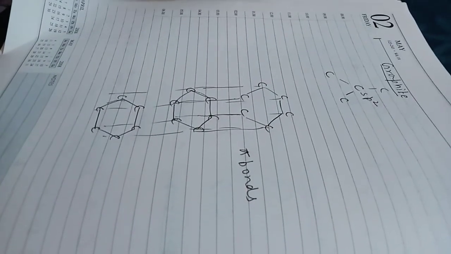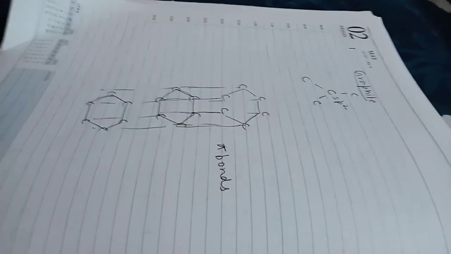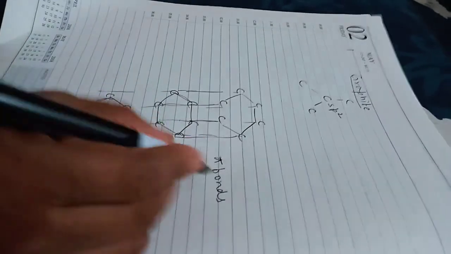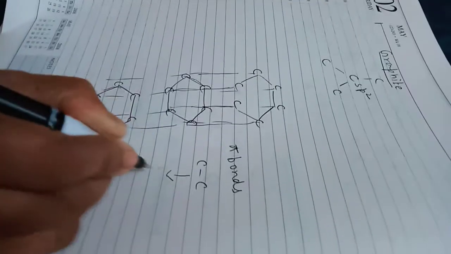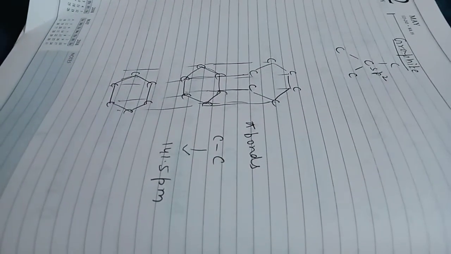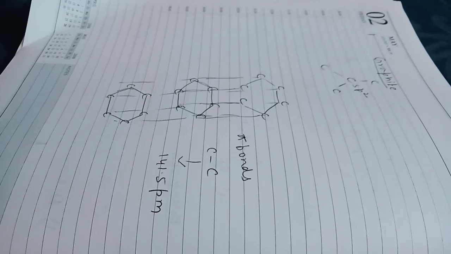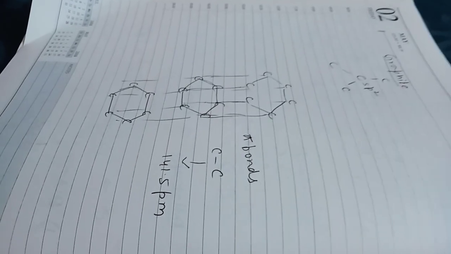The van der Waals forces are quite weak, hence making graphite a good conductor of electricity. The carbon-carbon bond length here is roundabout 141.5 picometer. This is another allotrope of carbon, graphite. What comes next I will deal with in the next class. Bye for today.